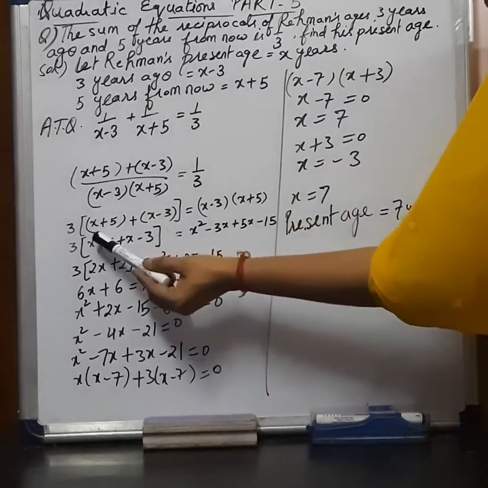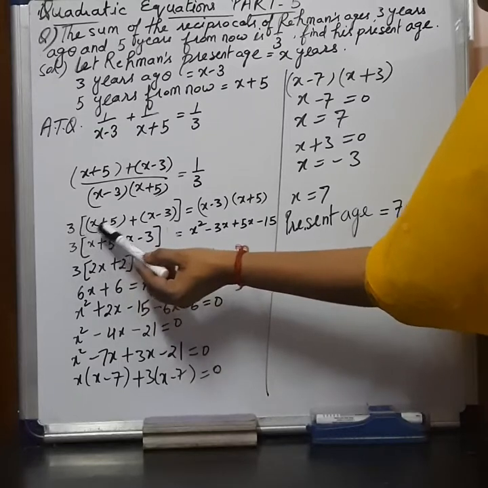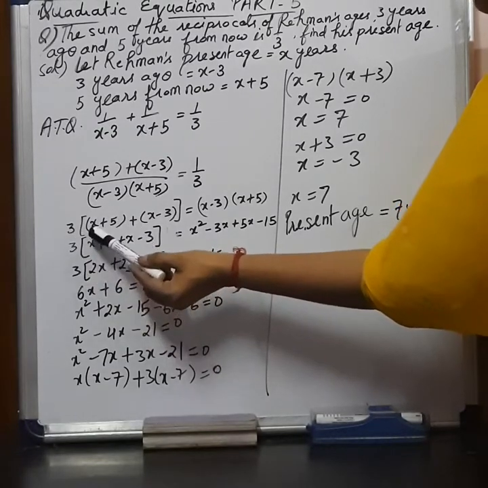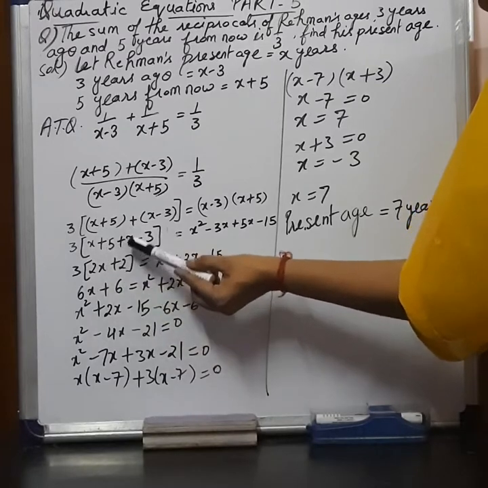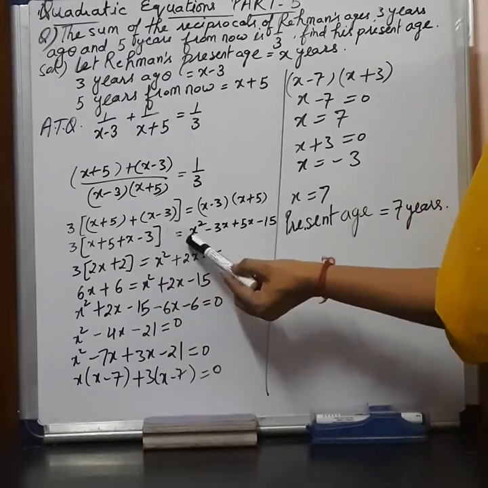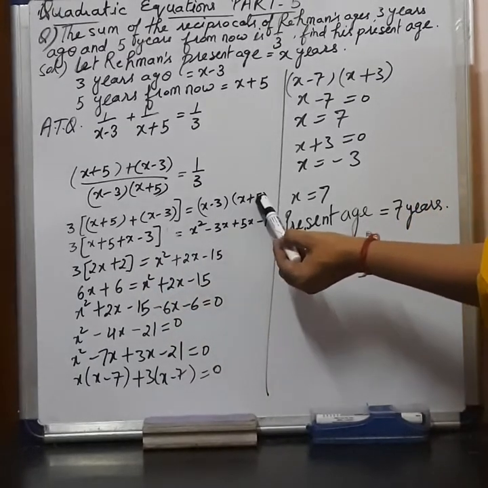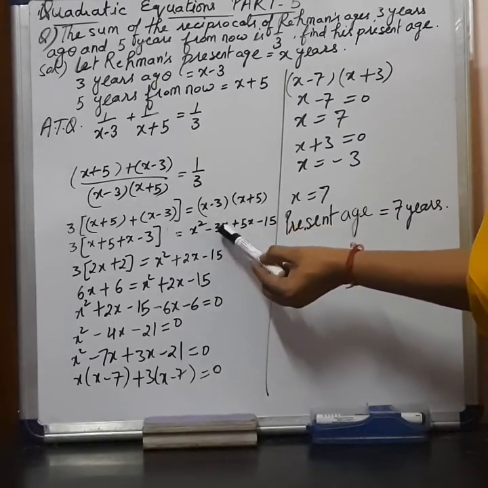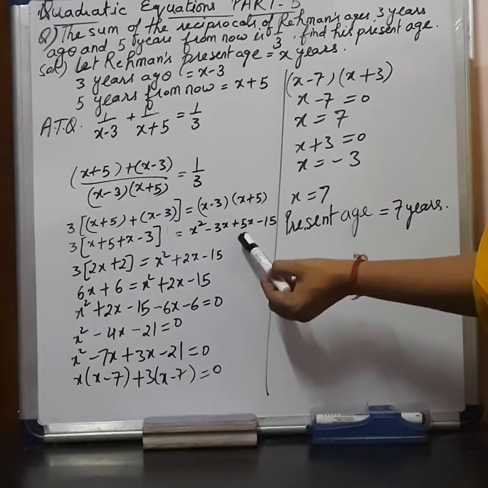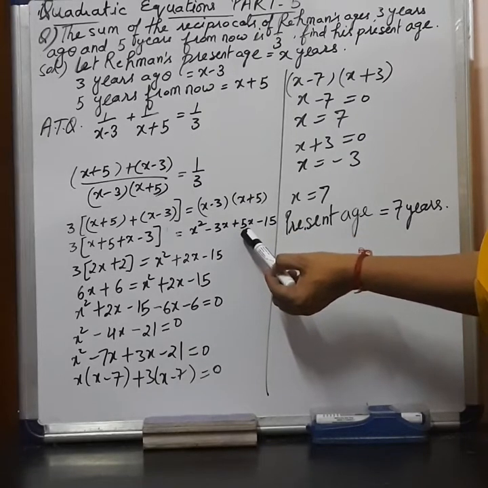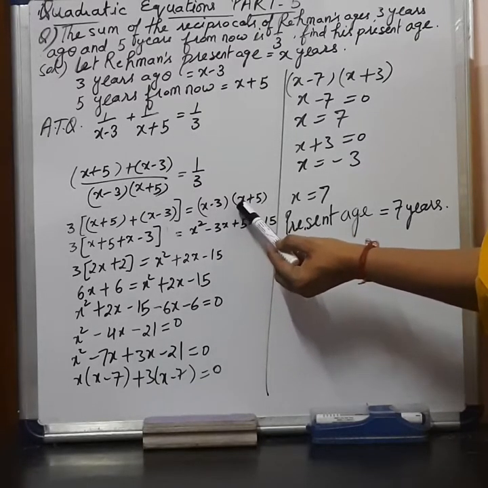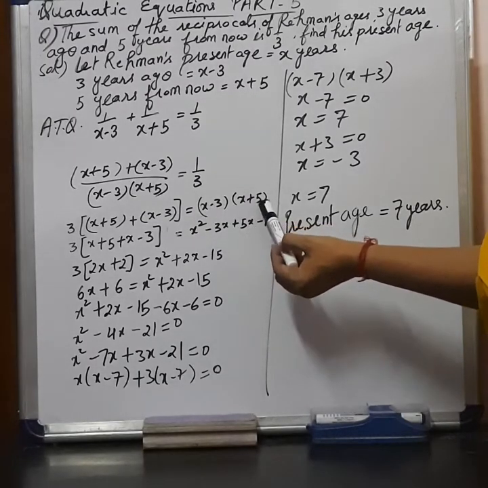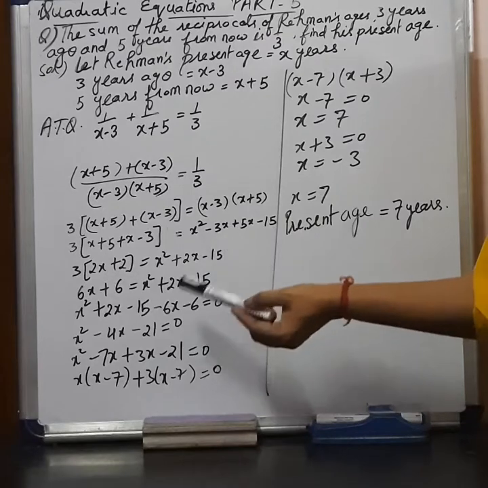So you will solve in this step. You will open the bracket with plus sign. It is coming 3 multiplied by x plus 5 plus x minus 3 is equal to, now you will open these brackets by the product: x multiplied by x, it is coming x square, x multiplied by 5 is plus 5x, minus 3 multiplied by x is minus 3x, minus 3 multiplied by 5 is minus 15.